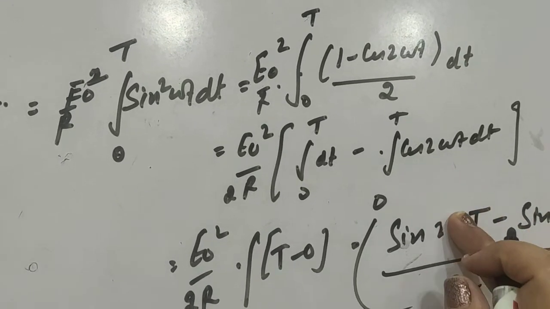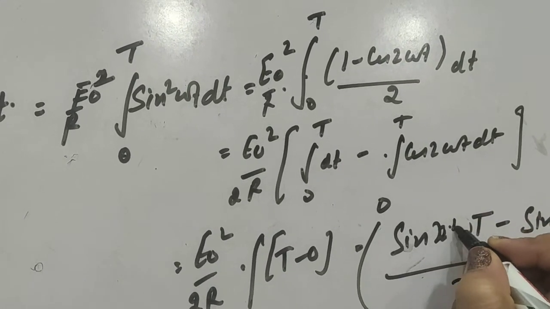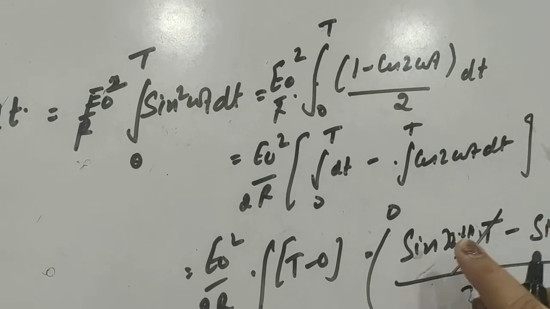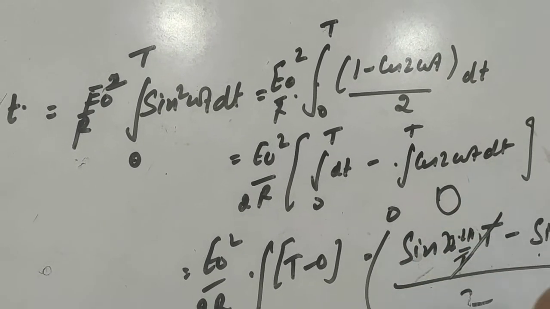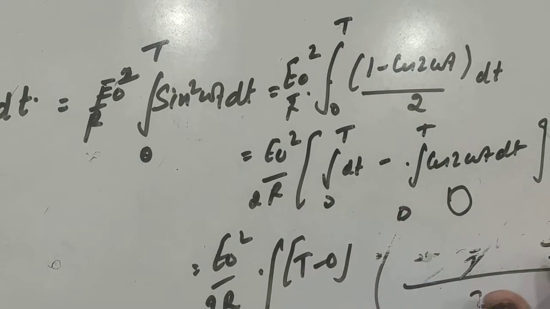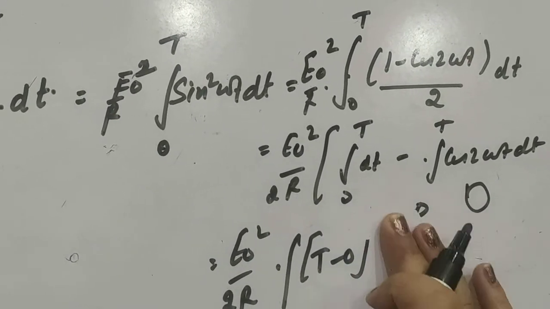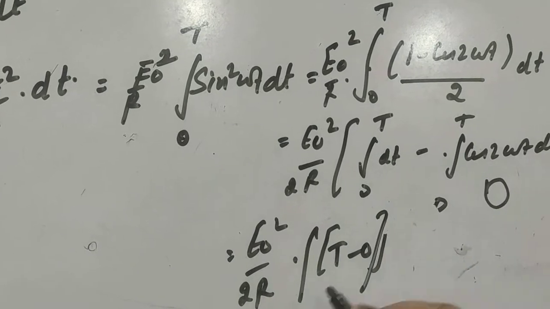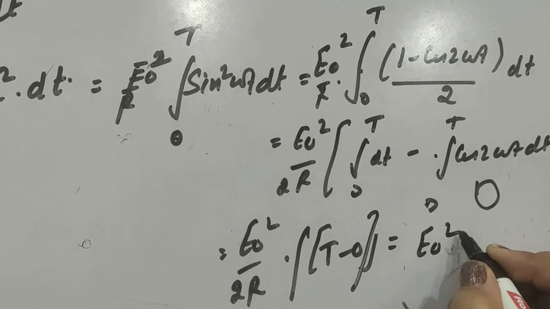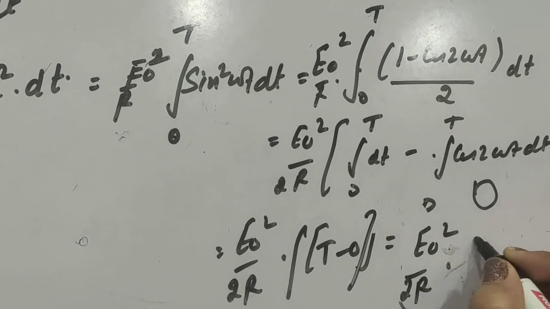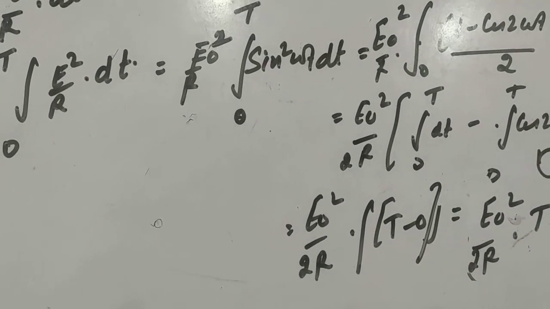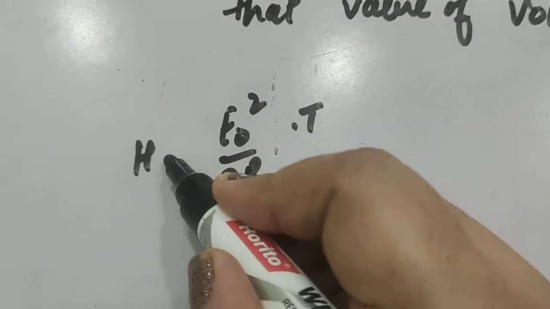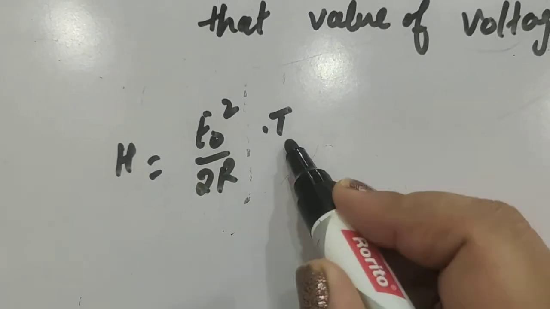Now omega is 2 pi by T, so sine 4 pi is 0 and sine 0 is 0, so this whole term becomes 0. We are left with E naught square by 2R into T. So the amount of heat produced is H equal to E naught square by 2R into T.